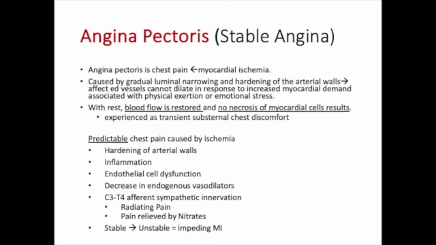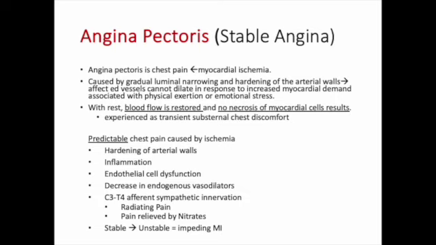So we're going to get more detail and understand now angina pectoris, or stable angina. What is causing this predictable chest pain? The gradual luminal narrowing and the hardening of our artery walls is what causes the pain. The vessel itself can't dilate now in response to increased myocardial demand.